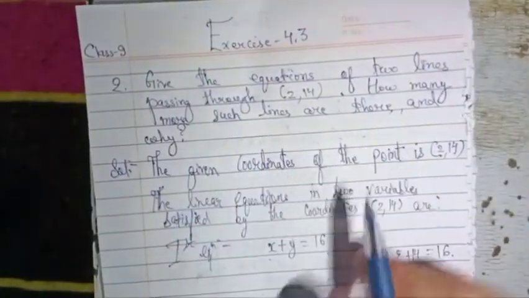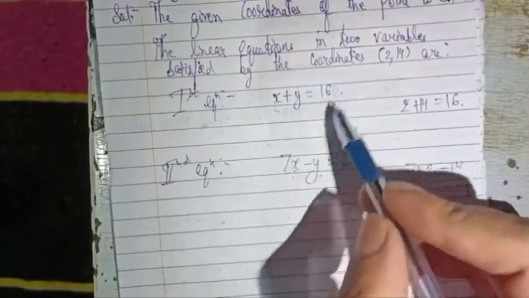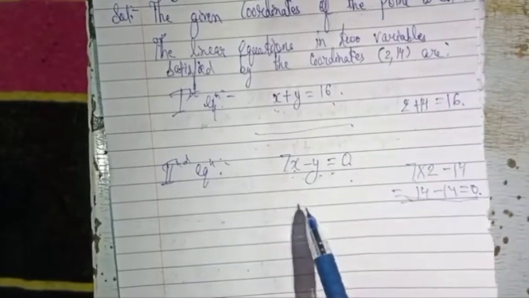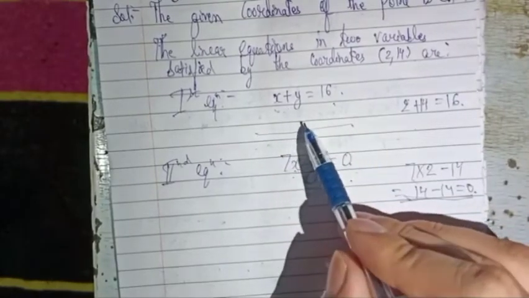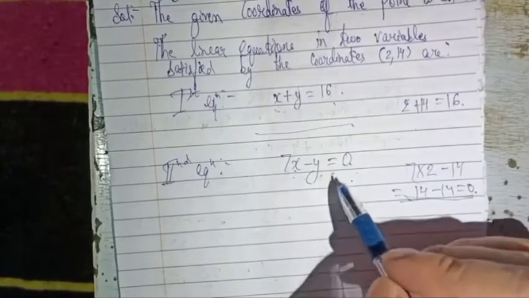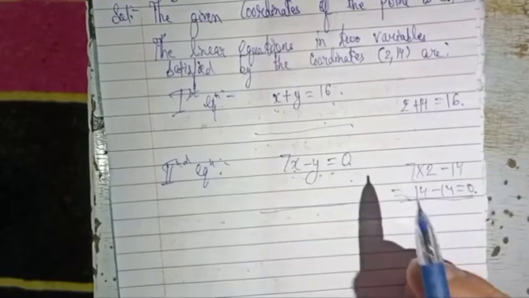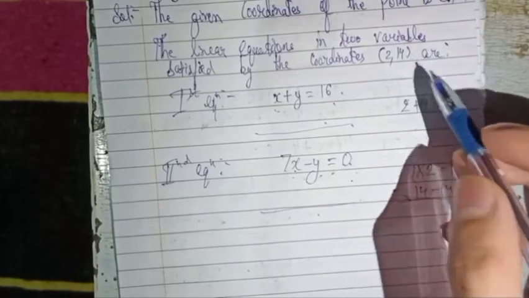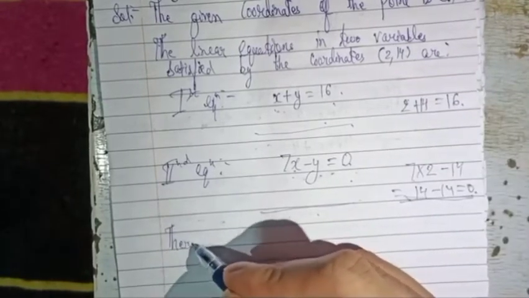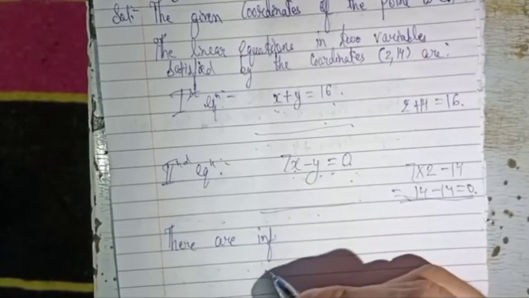Now another sub-question is there: how many more such lines are there and why. All these linear equations in two variables represent a straight line. Always remember this: every straight line has a particular linear equation in two variables. So we have written equations for two lines, but in the question we have to answer how many such lines can pass through this point (2, 14). There are infinite lines, that means the things which we cannot count.